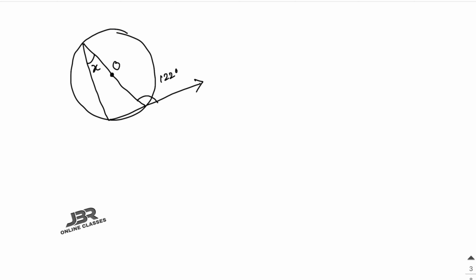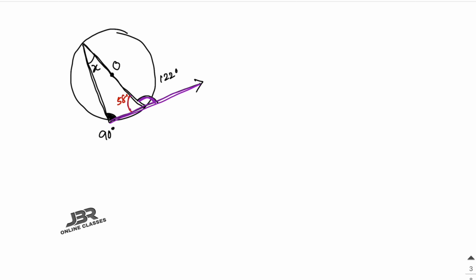Okay, so that means if this one is a diameter, this angle lies on the semicircle, so that one equal to 90 degree. Okay, and this is a straight line, so if this angle equal to 122, then definitely the other one will be 180 minus 122, and it's 58 degree.